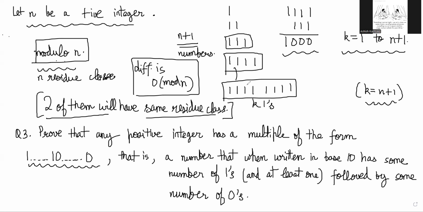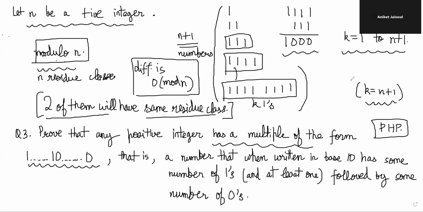So this is an example of how the pigeonhole principle is used creatively. Nobody would have thought that this is a pigeonhole principle question. But it's so easy once you get the idea. This is called a proof by construction, where you construct 1, 11, 111. It is similar to that, but ultimately it is pigeonhole.